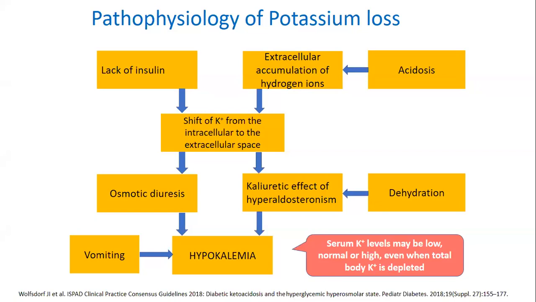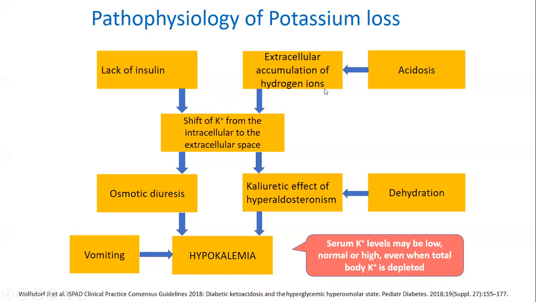And then we've said that these patients are acidotic because of the ketones. Also, those who have severe dehydration have lactic acidosis, and all this causes severe acidosis. And when there's acidosis, there's extracellular accumulation of hydrogen ions.